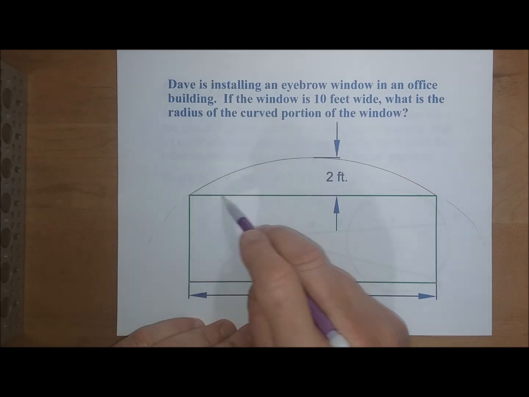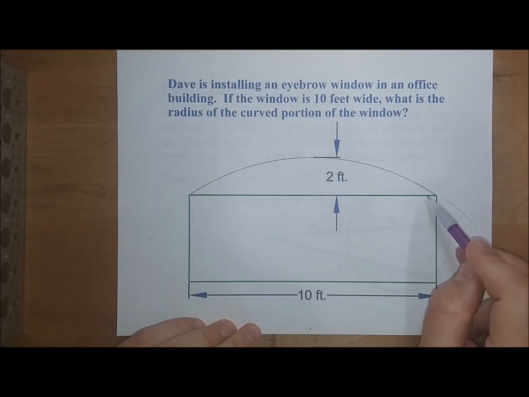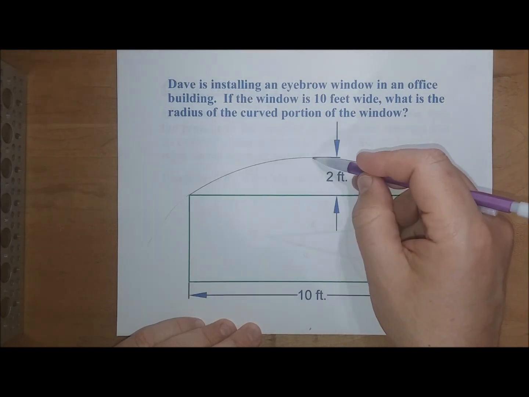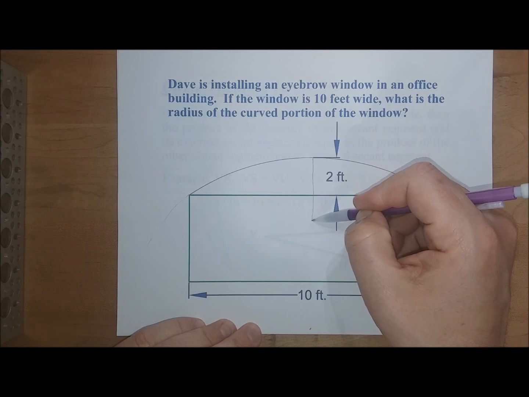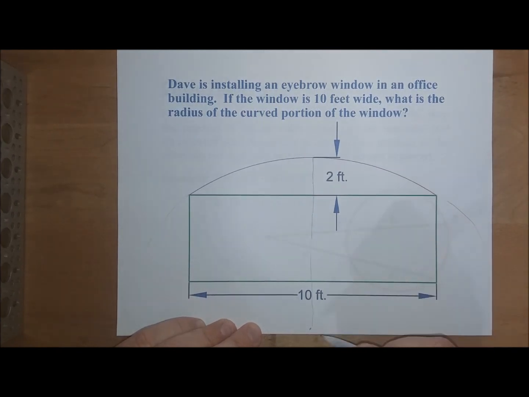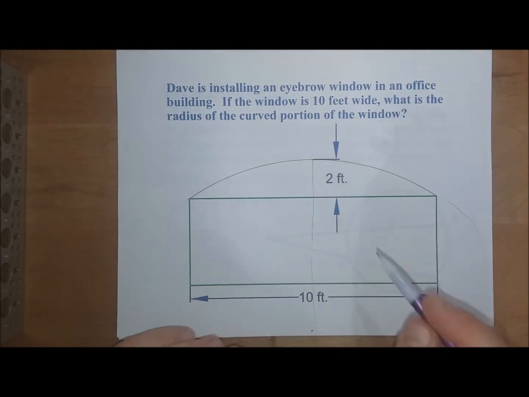One thing we do know is we have this chord that cuts across here that is 10 feet long. And then we have this segment. If we drew it from the peak, that'd go down through the center until we hit the center of the circle, whatever it might be. And so this would be R, and this is 2.